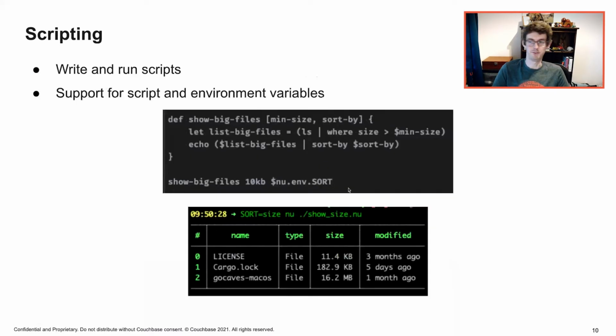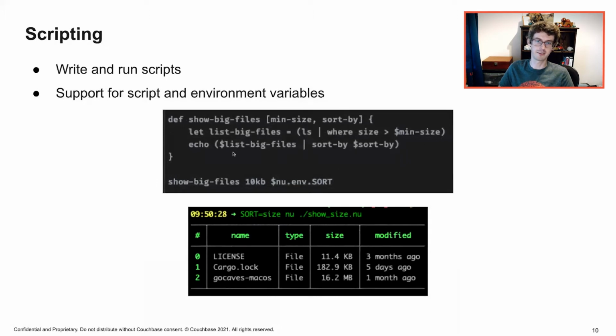As well as being able to run the commands standalone, as I mentioned before, there's support for scripting. Here we've got a really simple script, which is called show big files. Within it, there's a function called show big files, which takes two parameters: the minimum size of the file and a column to sort by.